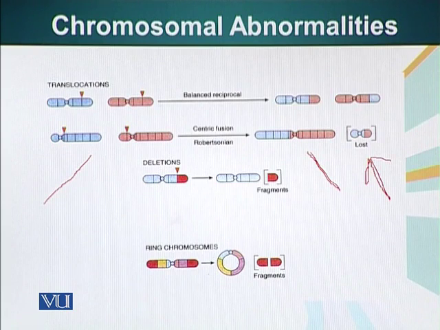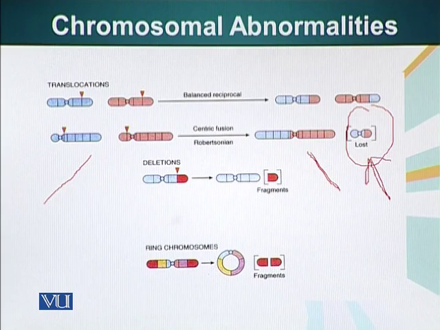Since we have more than one acrocentric chromosome, I can show you that later. We have 5 acrocentric chromosomes. If this small chromosome is lost, it won't have any effect. So this is a centric fusion, or Robertsonian translocation as it is also called, between two acrocentric chromosomes, giving rise to a larger chromosome and one smaller chromosome.